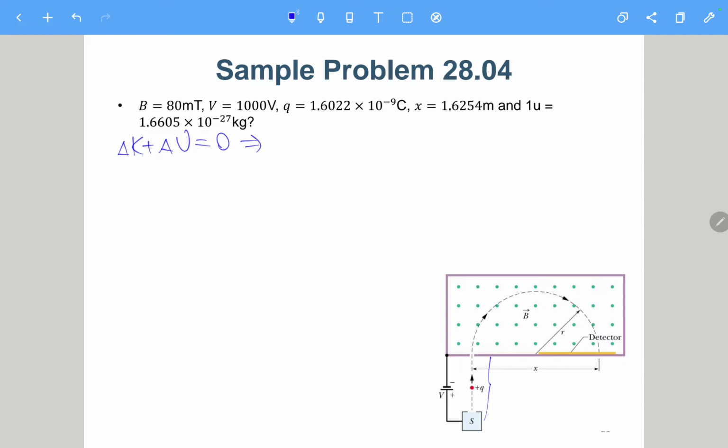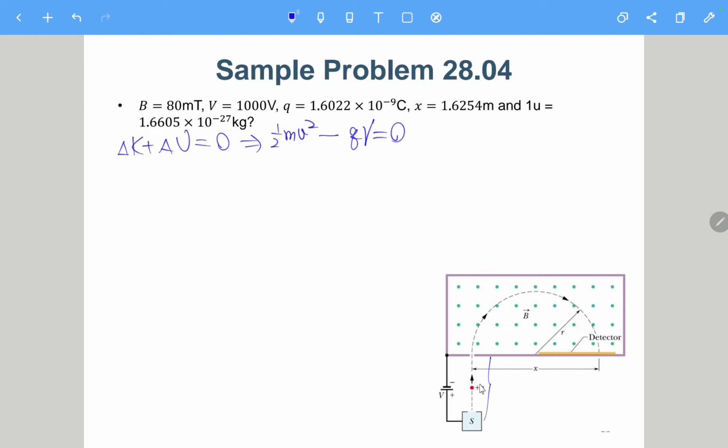So we have 1/2 mv squared minus qV equals 0. Because here we have the battery, there is an energy difference between this point and this point.